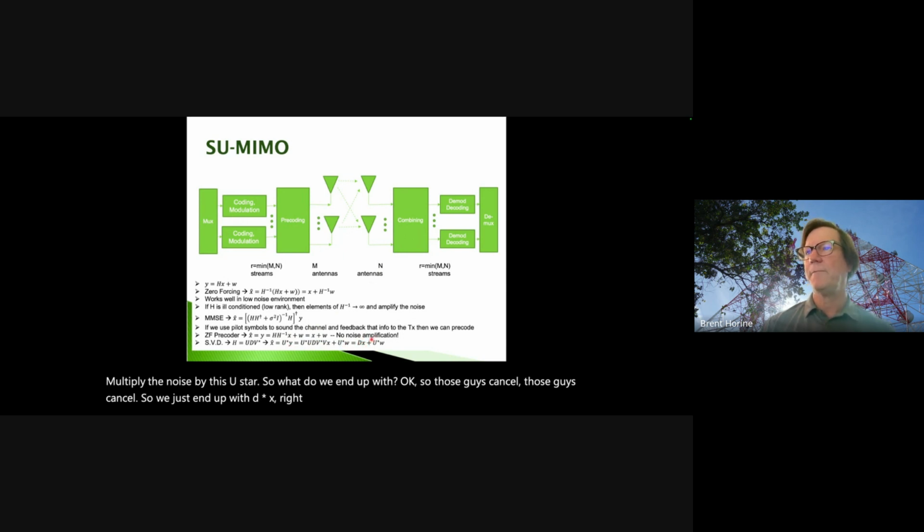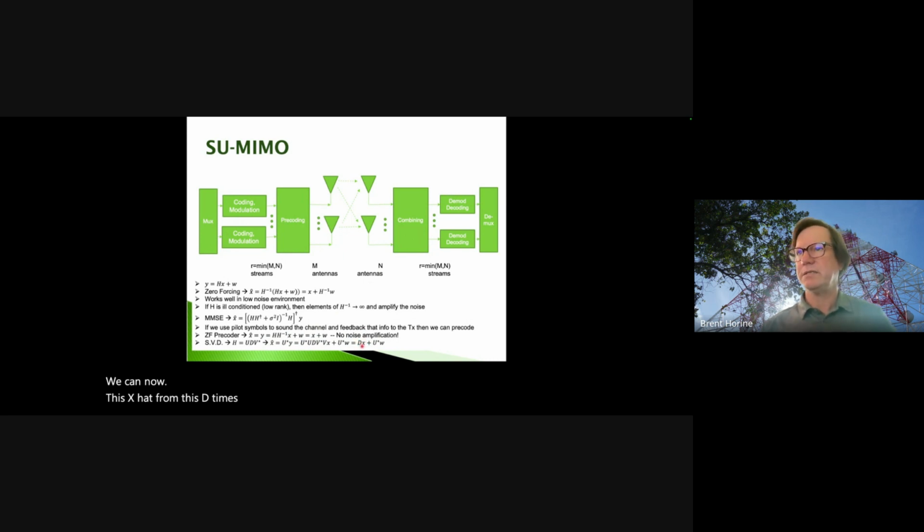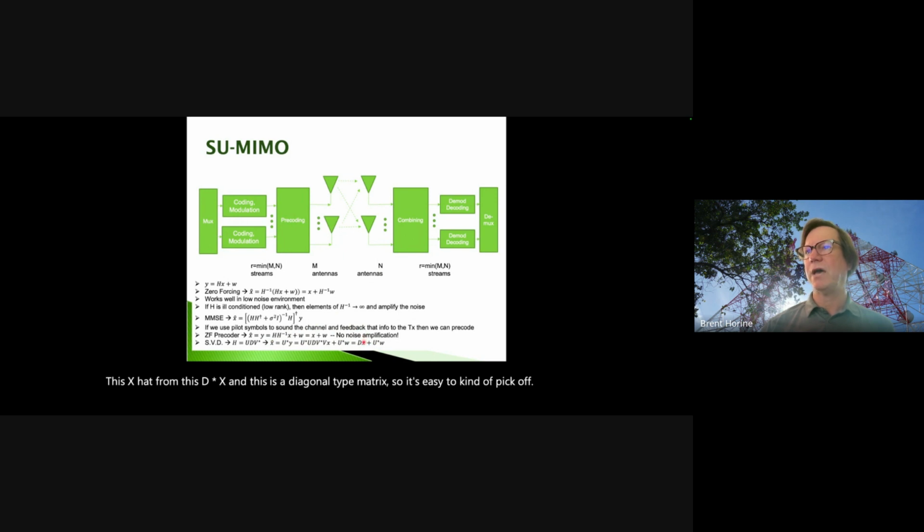So we can now estimate this X hat from this D times X, and this is a diagonal type matrix, so it's easy to pick off each individual value of X over here, right?